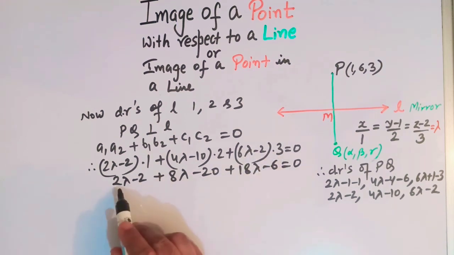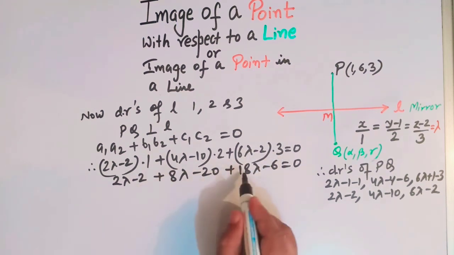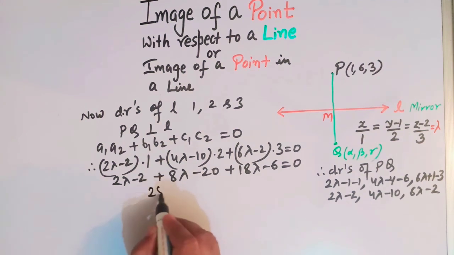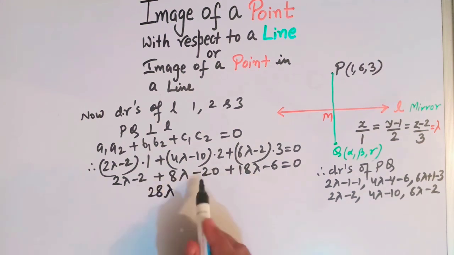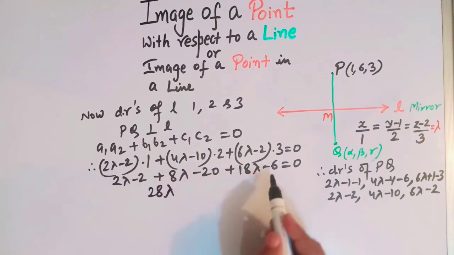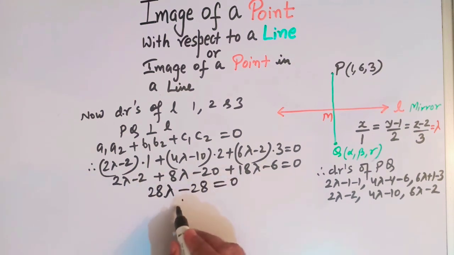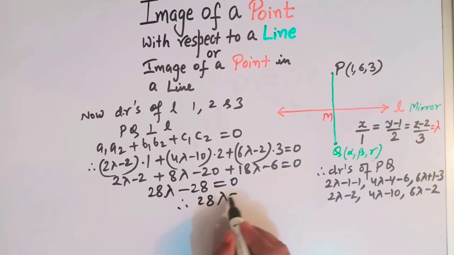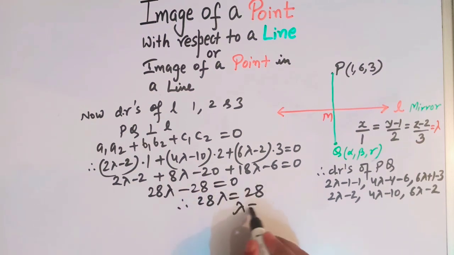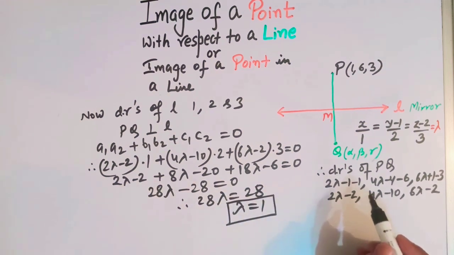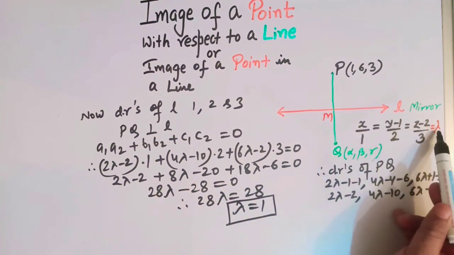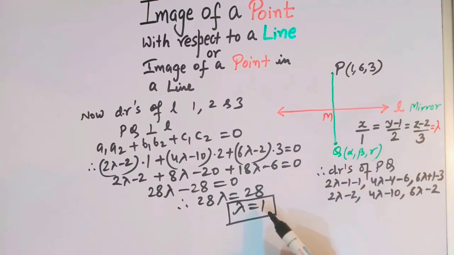Now this is 8 plus 2, 10, and 10 plus 18 is 28 lambda, and here we have minus 20, minus 2 and minus 6. This is minus 28. So we have 28 lambda is equal to 28, so lambda is 1, right? Therefore the value of the scalar lambda is 1.